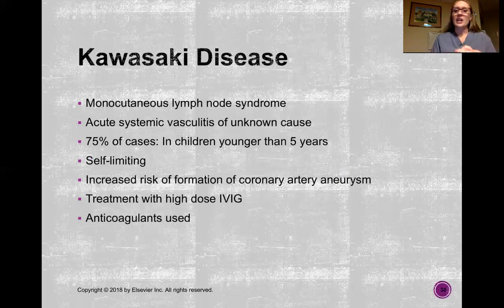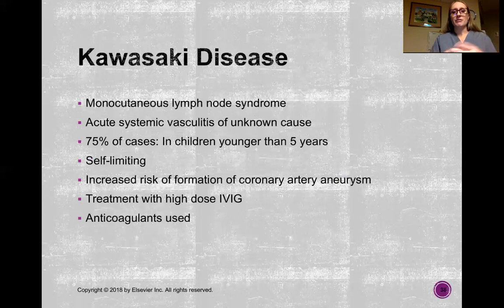We are going to have the best results with early diagnosis and treatment to ensure that we're not having any damage to the heart. So with Kawasaki's disease, we're going to have an inflammation of all the vessels, essentially.